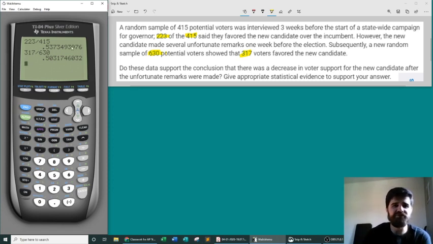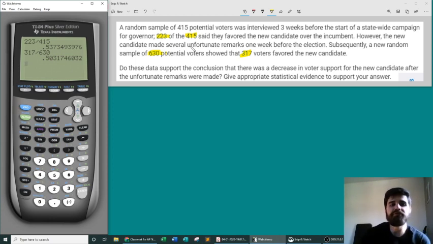We wouldn't expect the two numbers to be perfectly the same, even if nothing changed. So is that 3.5% drop due to random chance, or is this statistically significant, meaning we should worry that our new candidate no longer has a chance to win? Well, they're still slightly over 50%. But we're worried that they might have lost some favor.